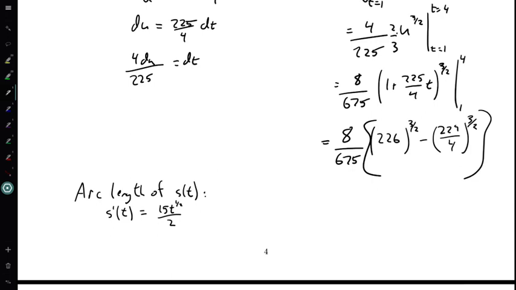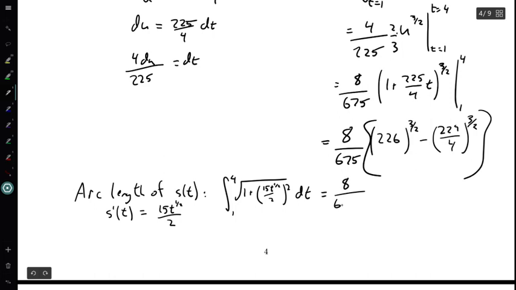And so when we're doing this integral here, we're doing the same integral from 1 to 4 of square root of 1 plus s prime of t squared, so that 15t to the 1/2 over 2 squared dt. And since this is the same integral, we get out the exact same number, this 8 out of 675 times 226 to the 3/2 minus 229 out of 4 also to the 3/2.